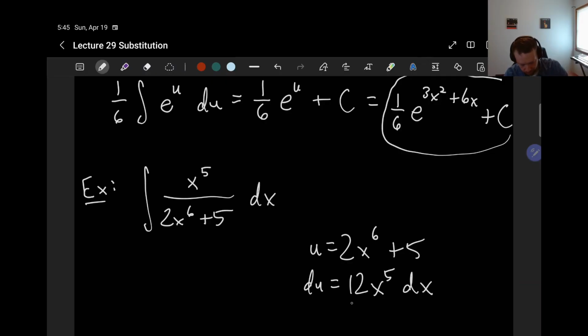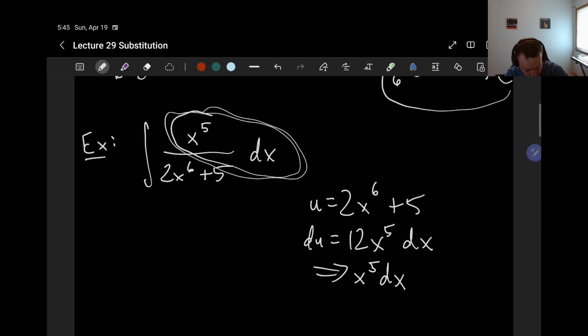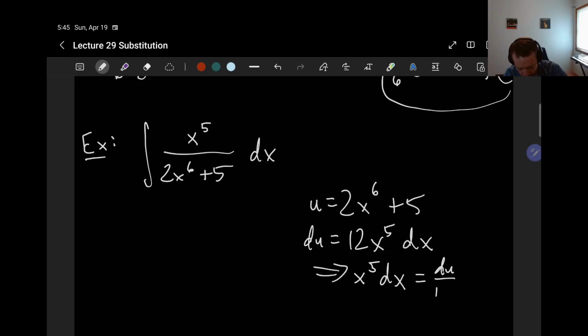So notice we don't have this exactly in the original integral because there's no times 12. I don't see a times 12 here. But that's no problem. We can just rearrange this. We do see x to the fifth times dx right up here. So we just solve for that. du over 12. So it's 1/12 du.